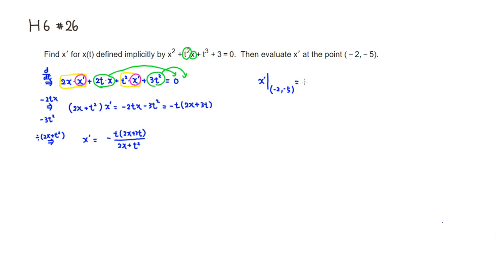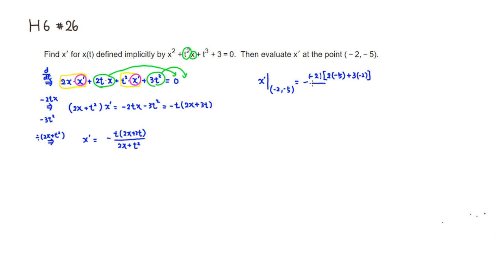You have a negative sign there, and the t value is -2, so it's -2 times 2 times, maybe I should put a bracket, 2 times the x value, which is -5, plus 3 times the t value, -2.